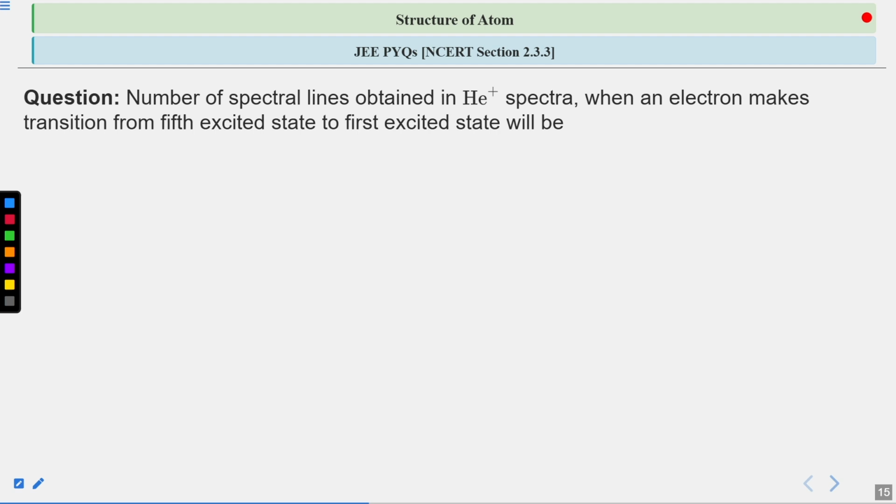So when this transition happens, what is the count of the number of spectral lines which you are going to obtain in the helium positive spectra? You have to tell that. You've got some time, try to solve it, figure out the number, and then we will see the correct answer.